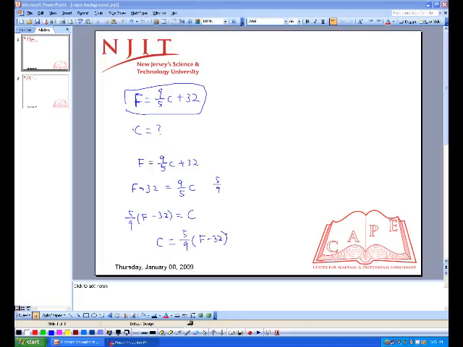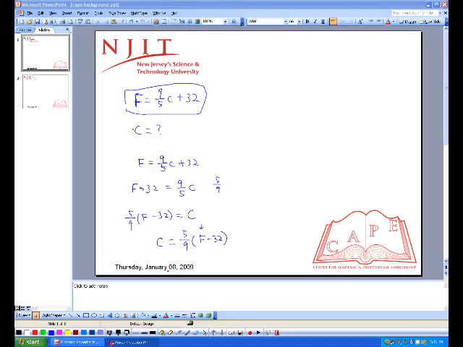This is solving explicitly for C. So now we have an equation of directly C is equal to something, which is easier to solve if you know what the Fahrenheit is. You can simply plug it in, and you'll get an expression that gives you directly the value of C. It's sometimes easier for calculations.